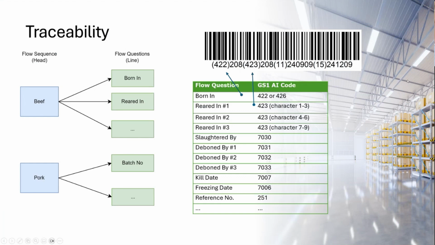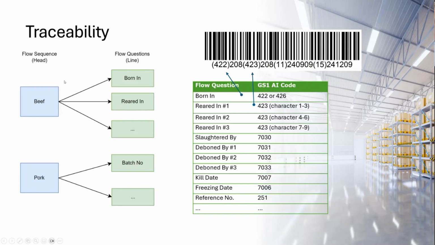Then we have traceability, because a lot of you are working with meat, and in meat you have different kinds of traceability, if it's beef or pork or fish or anything like that. So we made a kind of flexible traceability feature called the flow sequence of flow questions.